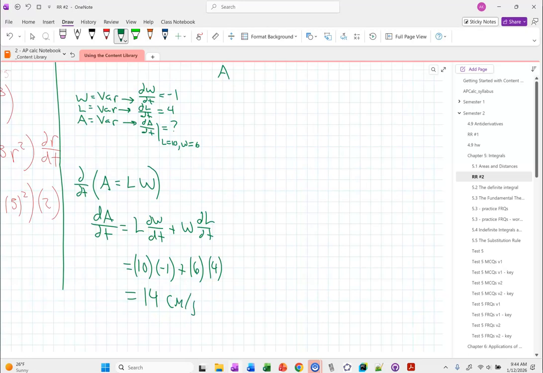Why did you switch the dW/dt and dL/dt? Wouldn't it be L dL/dt? So here's what I'm doing, a product rule here, right? Let's include an extra step. I have L times the derivative of W plus W times the derivative of L. So that's going to give me L dW/dt plus W dL/dt.